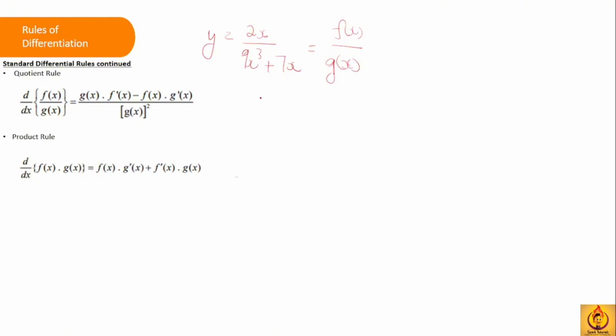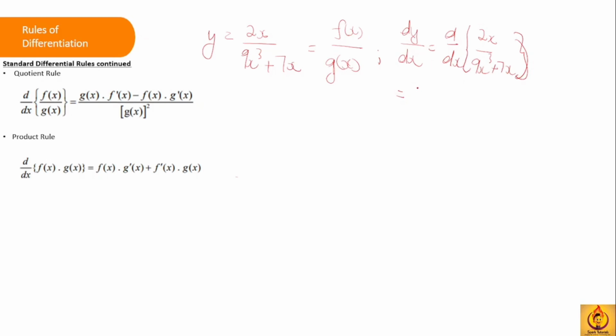Following the rule now, the derivative of y, which is defined by 2x all over 9x cubed plus 7x, is going to be equal to the derivative of 2x.